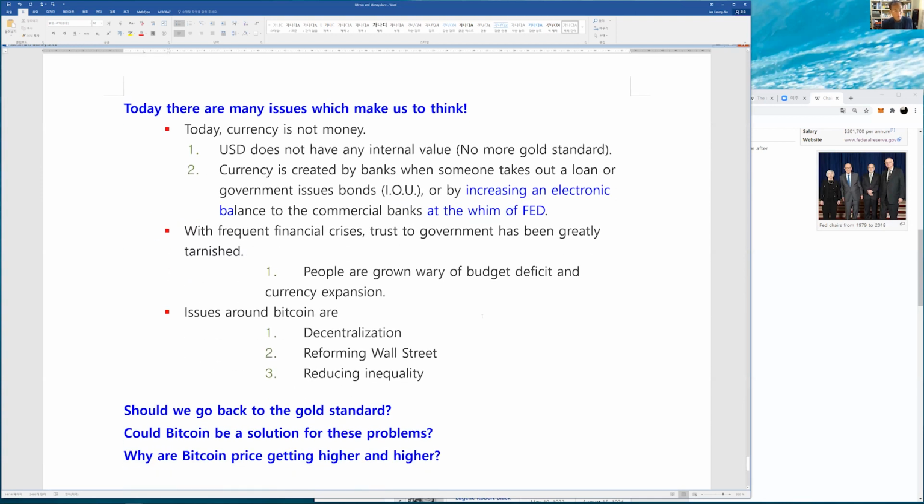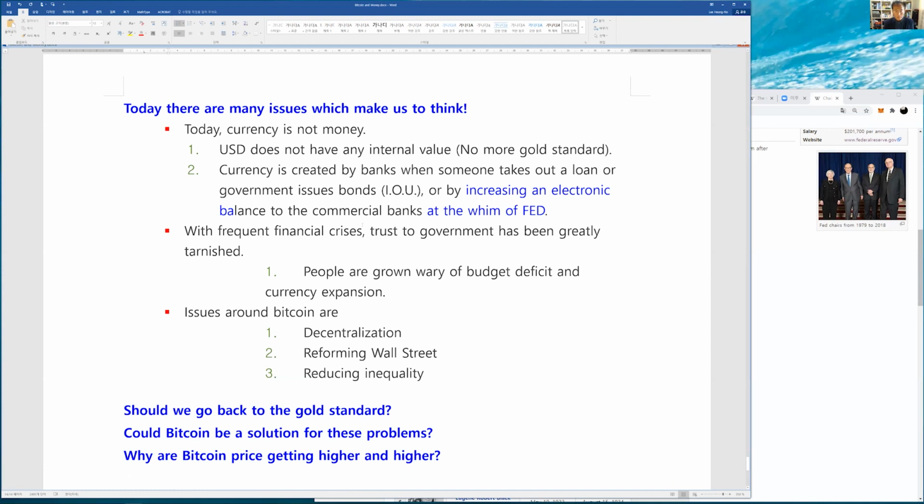So here is the conclusion for today. Today there are many issues which make us think. Currency is not money anymore, and basically currencies are debts of sovereign nations. And when money is poured into the society, it creates a bad effect rather than a genuine effect of making the economy healthier.